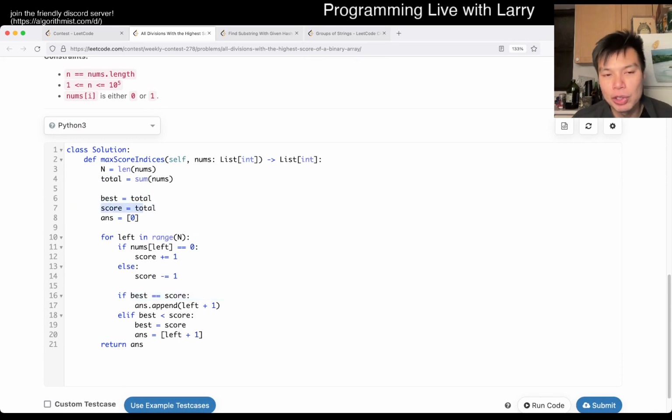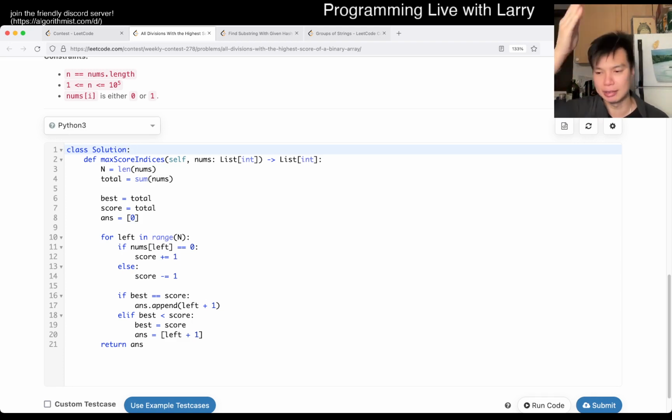First, I get the total, which is just the number of ones in the array, so that you begin the problem with the state that all the ones are on the right side of the division.